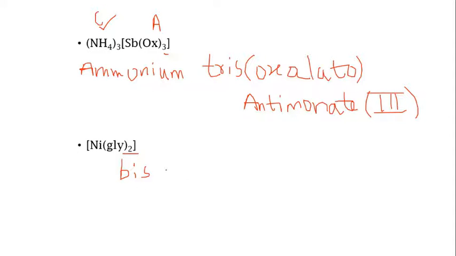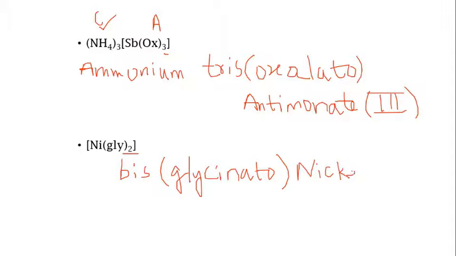So bis, then in the bracket you write glycinato, and this is nickel. So nickel, and in bracket you write the oxidation state of the nickel, which is 2. So you need to calculate the oxidation state of the central metal ion every time, and then you write it in the braces in Roman numerals.